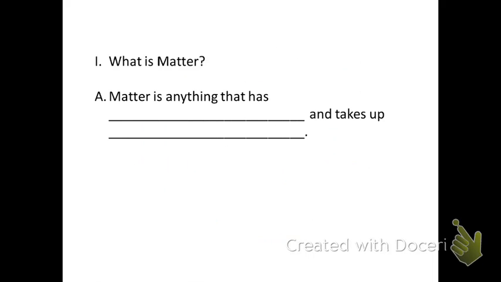Okay, so let's start out with a simple question. What is matter in the first place? Many of you probably already know the answer to this, but let's make sure. So matter is anything that has mass and takes up space.